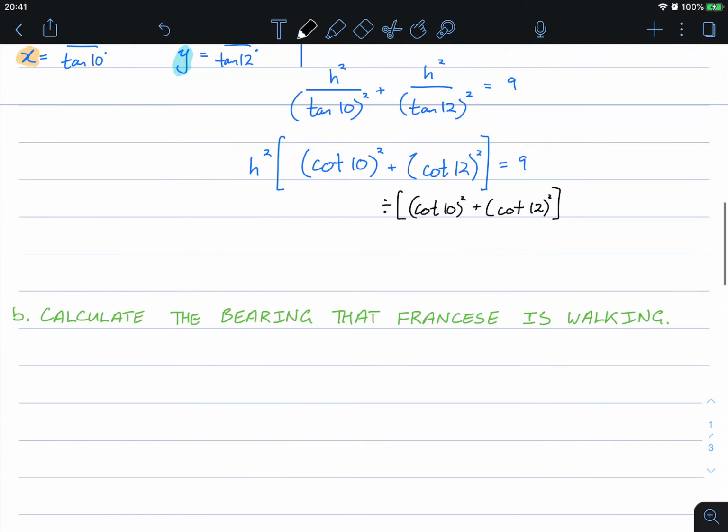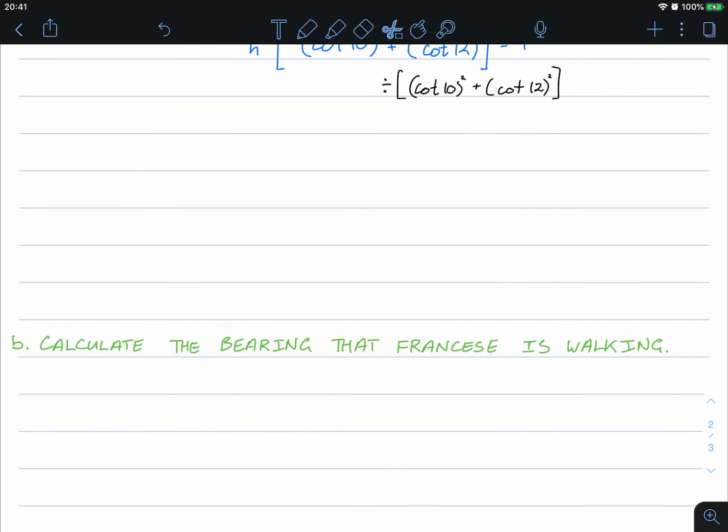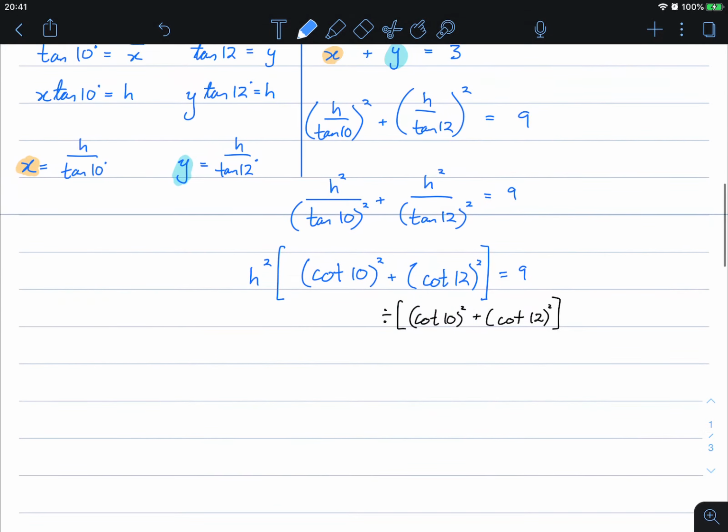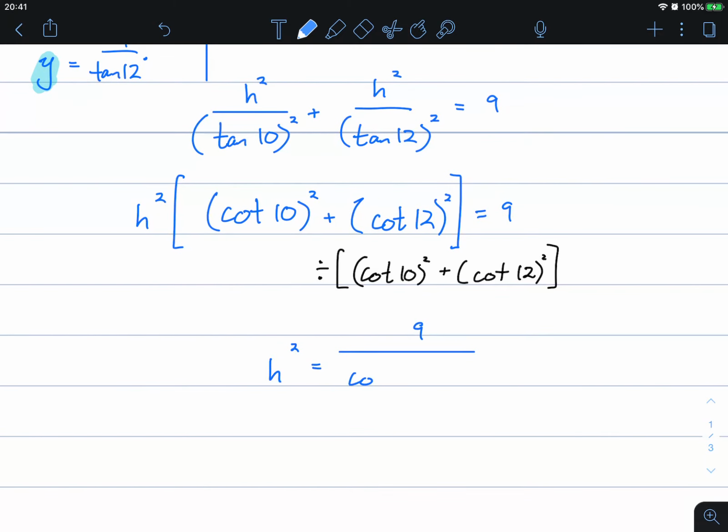I'm just going to make some more space for myself here. This will give us h squared, because we've now divided this out. This will be h squared equals 9 on cot 10 squared plus cot 12 squared.